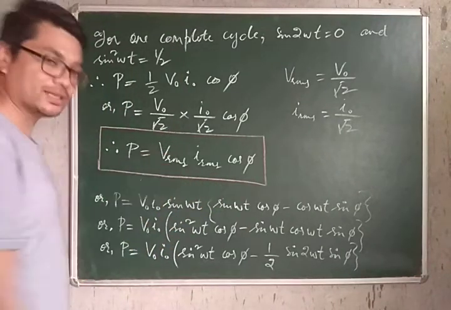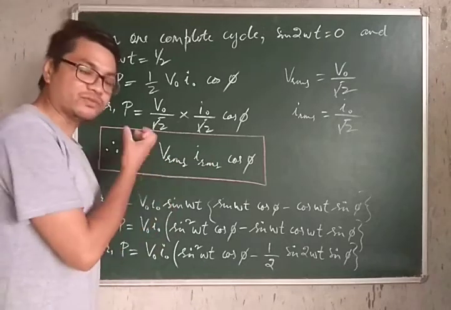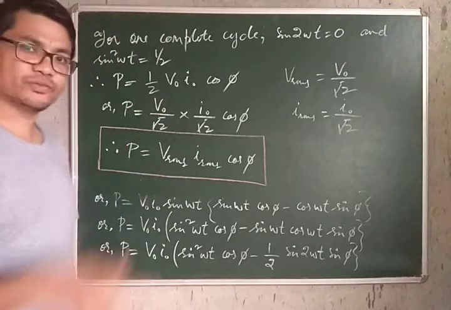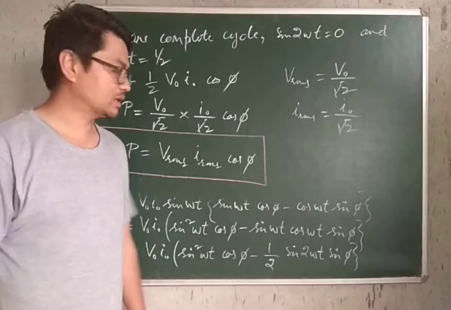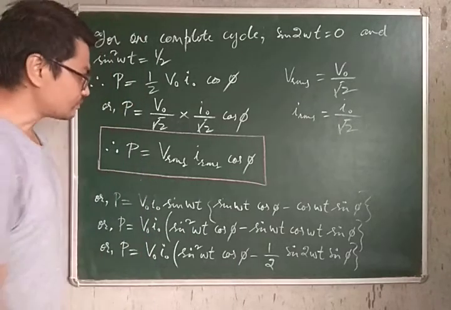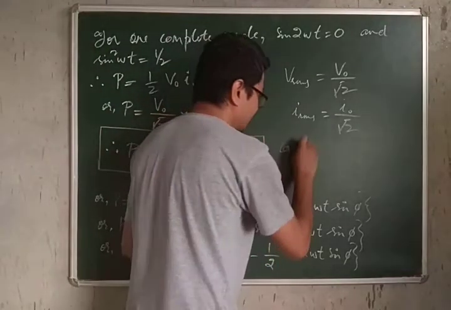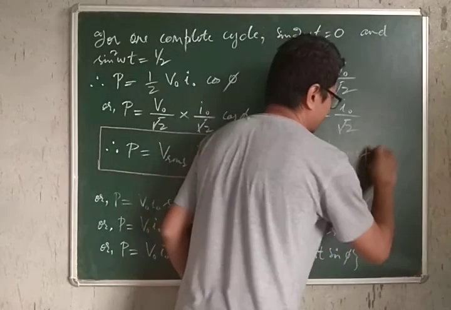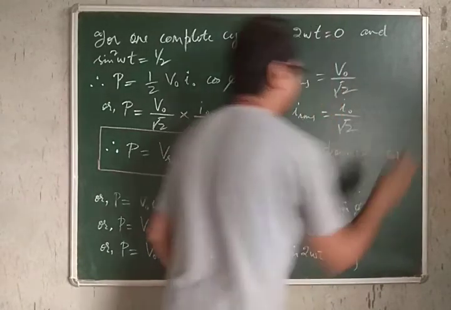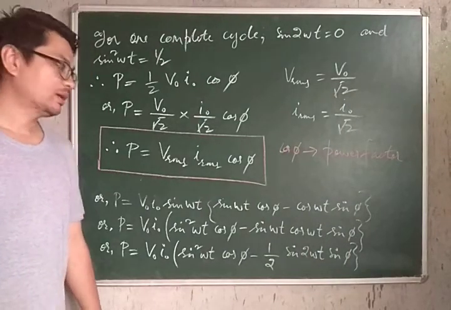Now if you know this expression, you can derive the value of power for any kind of alternating current circuit, be it resistive circuit, inductive circuit, capacitive circuit. Alright? And this cos of phi has a name. It's called the power factor. Cos phi is what is called the power factor.